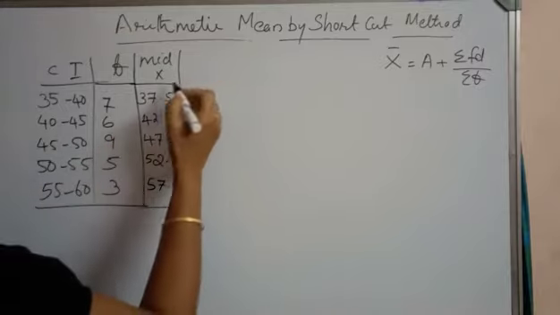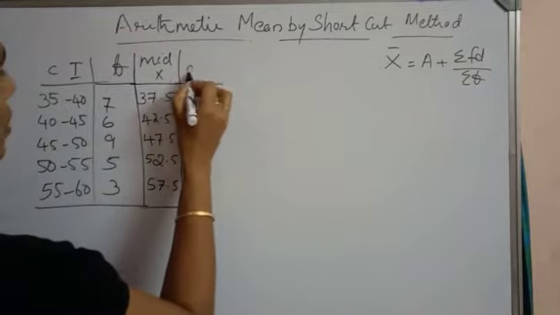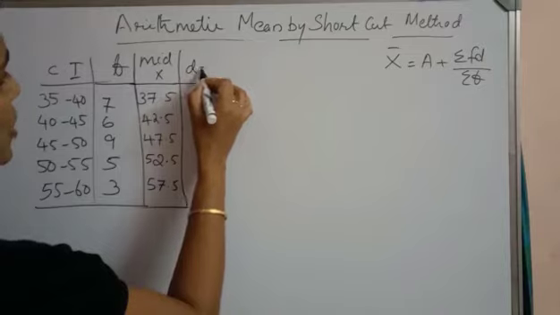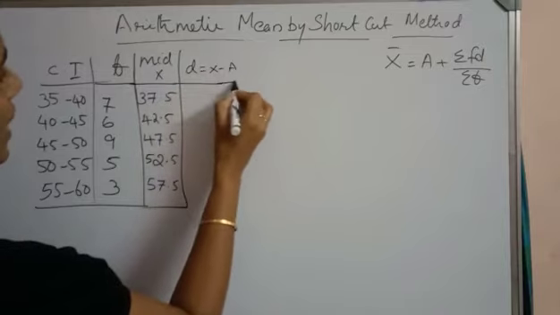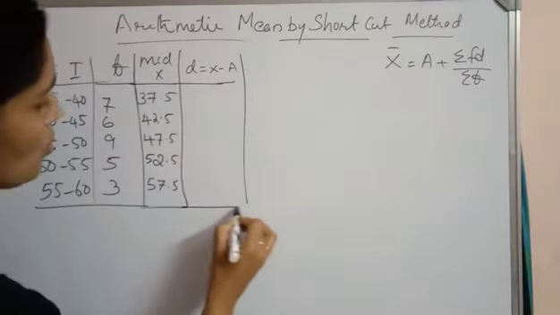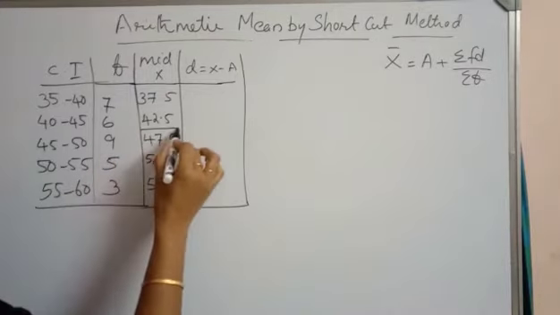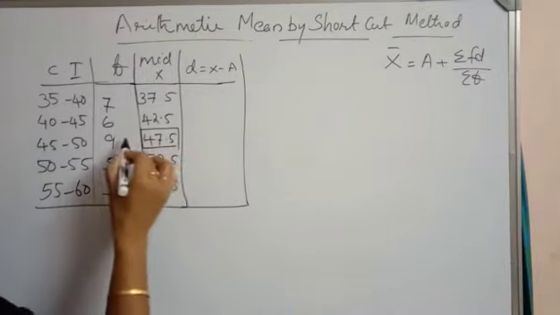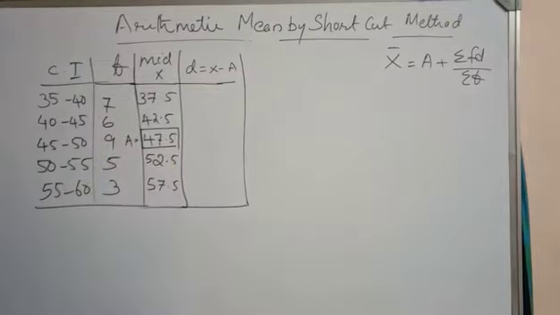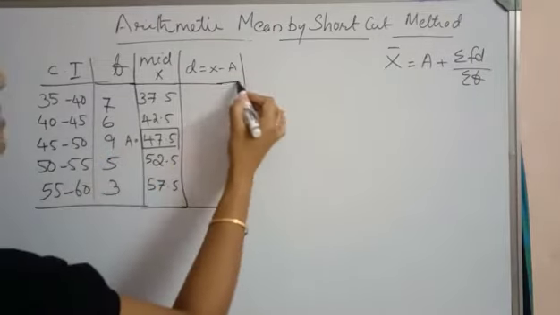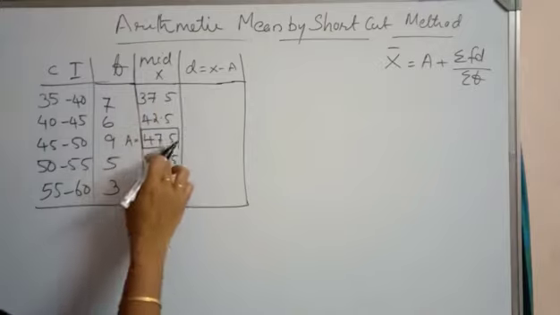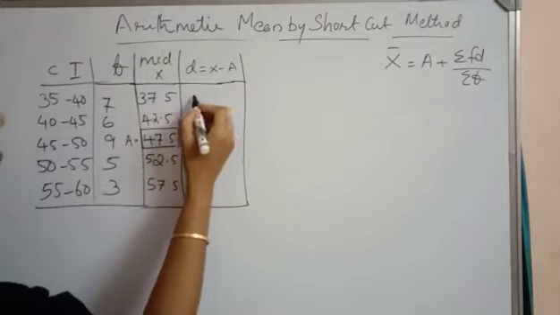Now the next is the deviation. As per the shortcut method, we have to find the deviation. d is equal to x minus a, the deviation of the assumed mean from the x values. Let's consider this 47.5 as the assumed mean. Now find out the deviation, x minus a. 37.5 minus 47.5, that is minus 10.